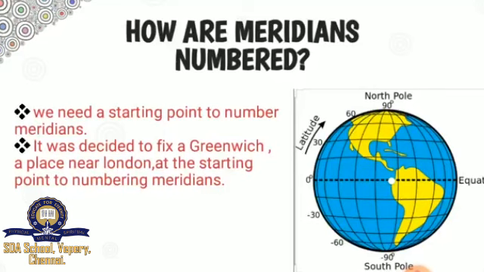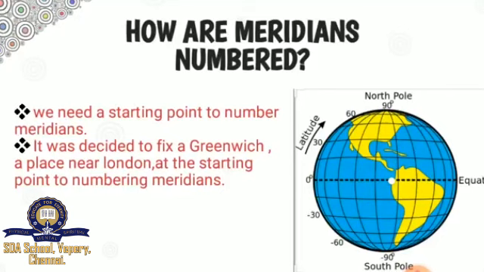Which place? Greenwich. The imaginary line that passes through Greenwich is marked 0 degree and named the prime meridian.